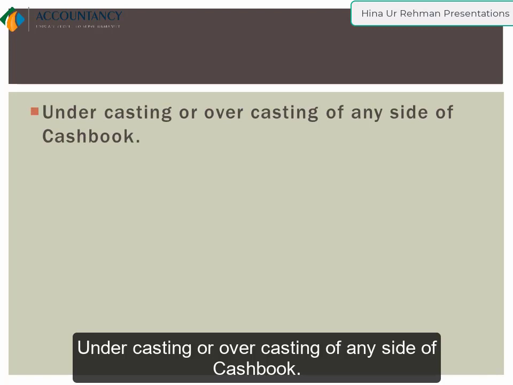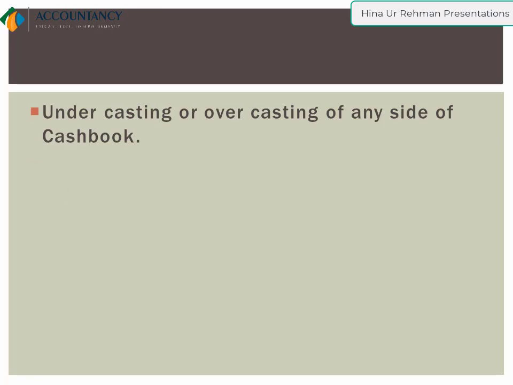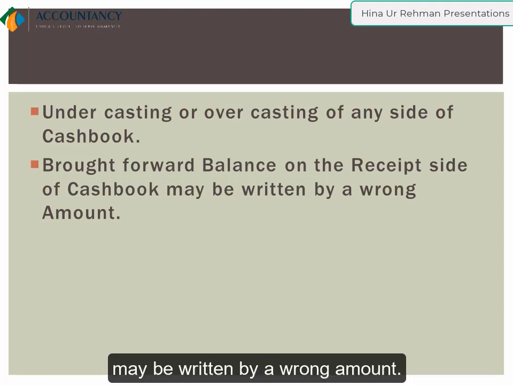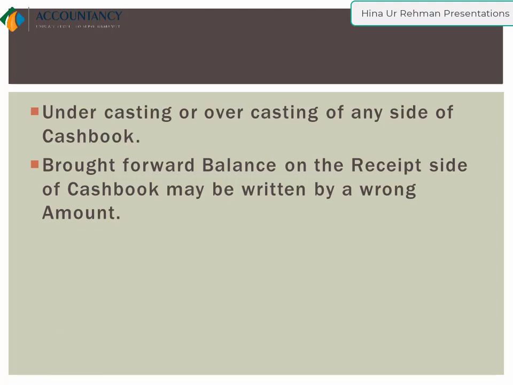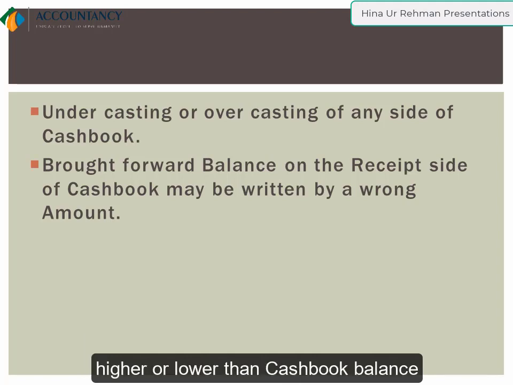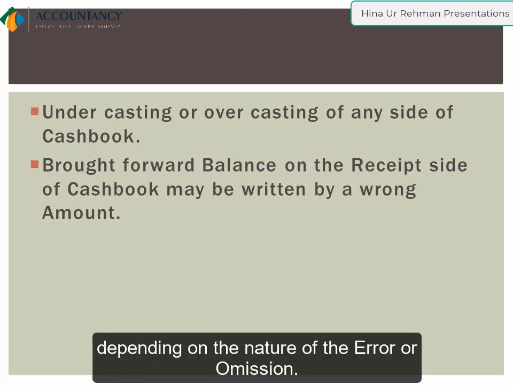Undercasting or overcasting of any side of the cash book. Brought forward balance on the received side of the cash book may be written by a wrong amount. Due to these errors, the balance of the bank statement may become higher or lower than the cash book balance, depending on the nature of the error or omission.